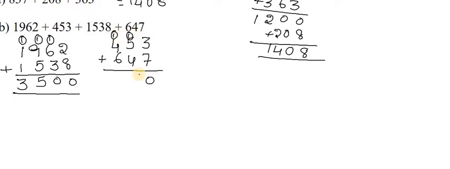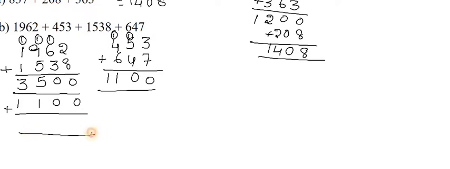Just simple. If you get tens, it will be easy for us to add, so that is the reason I am arranging those numbers in that way. The answer will be 4600.